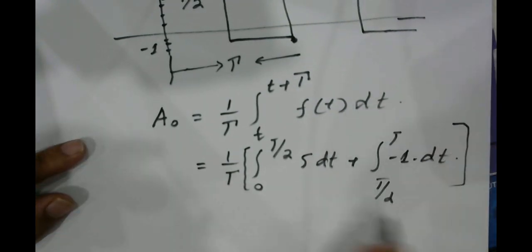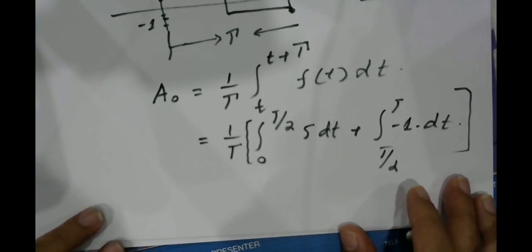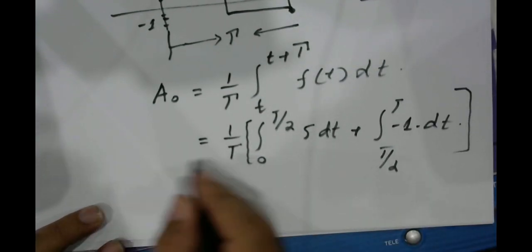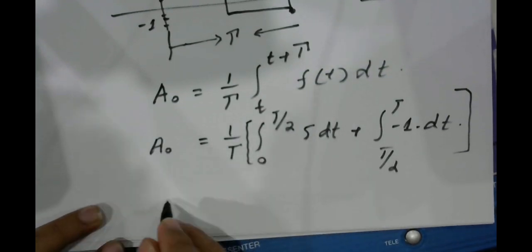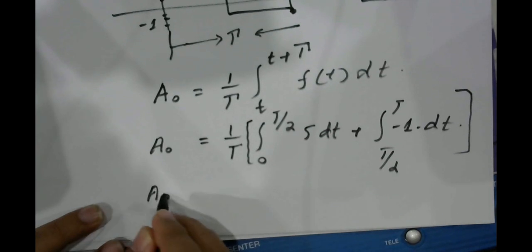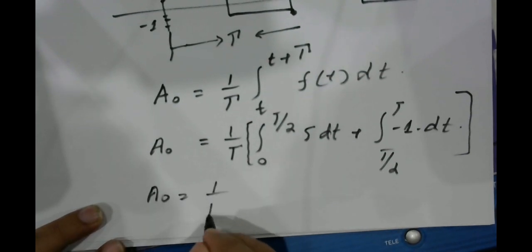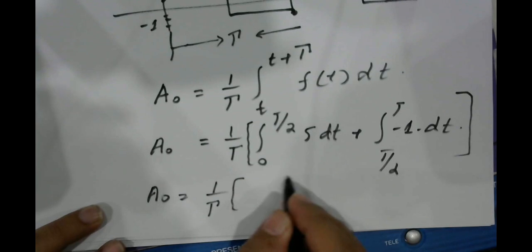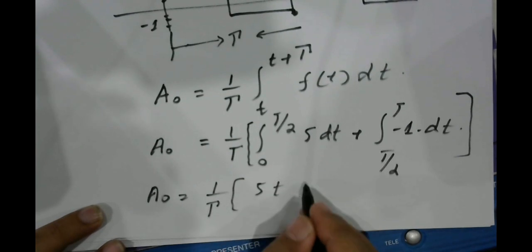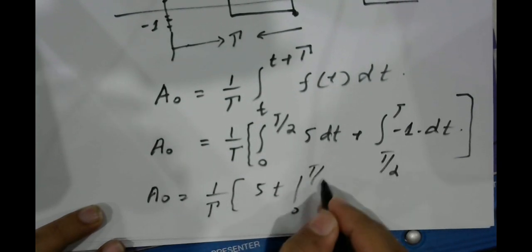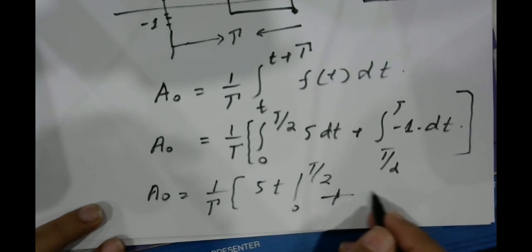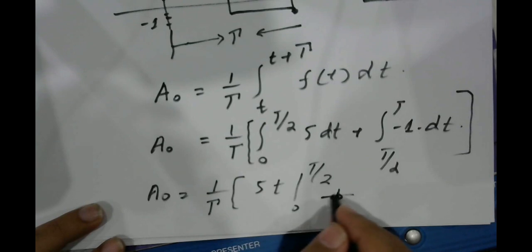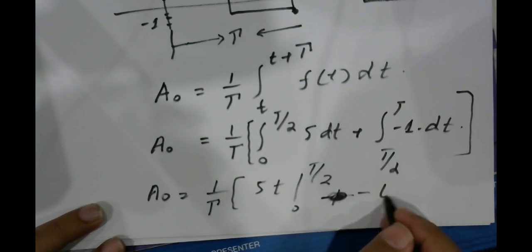Just solve this integral and you will get your a naught, okay. So you know how to solve this integral. Okay, so this is your a naught. Okay, so a naught will be 1 by T times 5t, and limits are 0 to T by 2, plus, sorry, minus t.